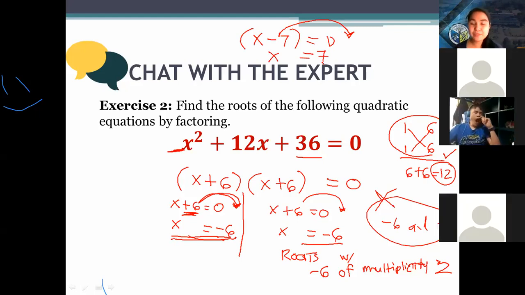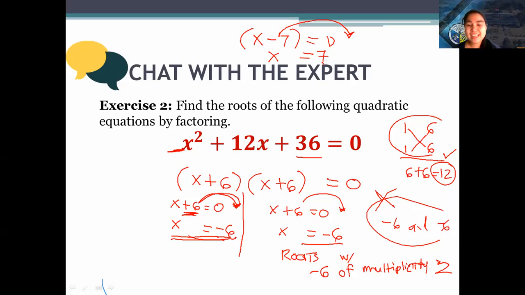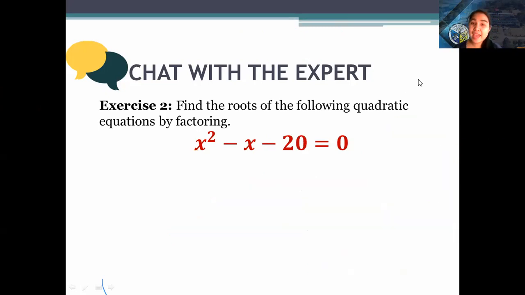Feel free to raise your hand because during the quiz, you could no longer raise your hand. Let's have another example, okay? x squared minus x minus 20. Go back again. Look at the first term.